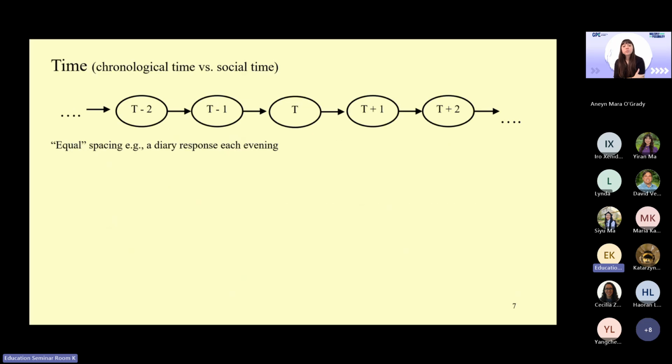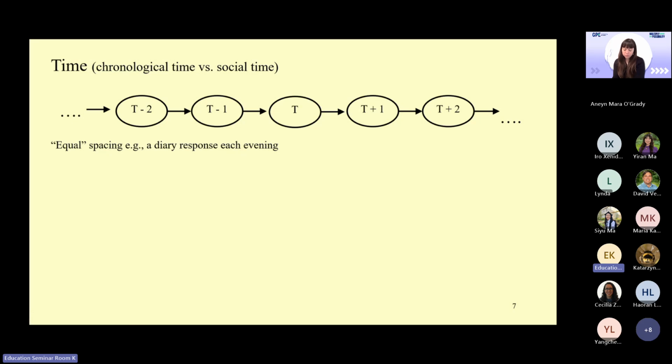So let's have a look at time. We need to distinguish between chronological time and social time. Chronological time is a statistical idea. We have time point t here in the middle as a starting point, and then we have t minus 1, t minus 2, t minus 3, and so on, and then the subsequent time points, t plus some coefficient.